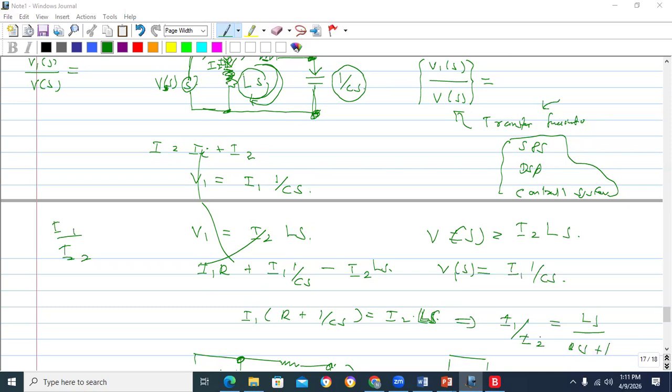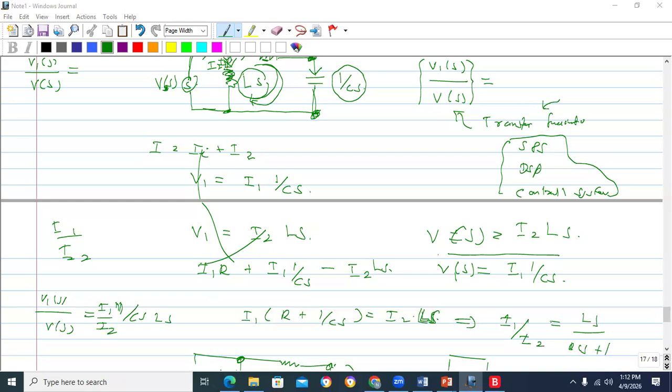And if you take the division of these two equations, you will have again V1, Vs equal to 1 over CS, I1 divided by LS. So you will have I1 divided by I2.